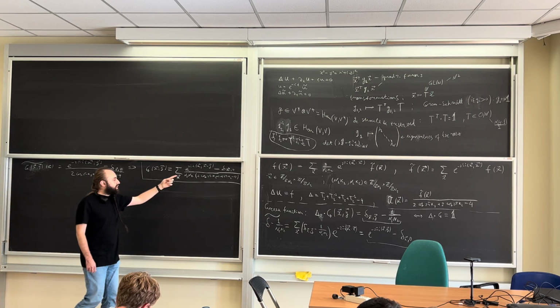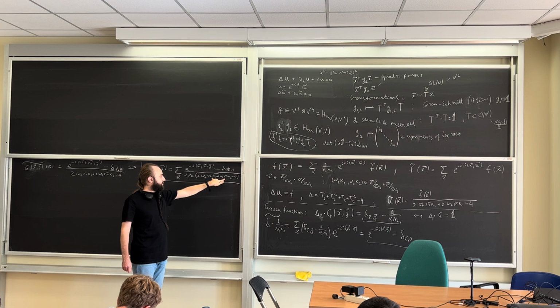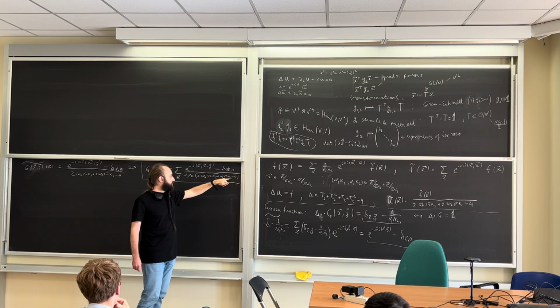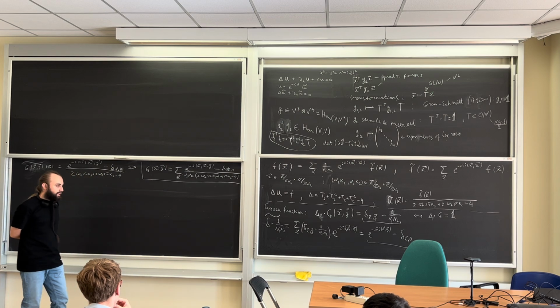We can also see that this subtraction of the Kronecker delta was important, because otherwise the sum would contain a pole at k equals 0. Because 2 plus 2 minus 4 is 0, and in this form it cancels.